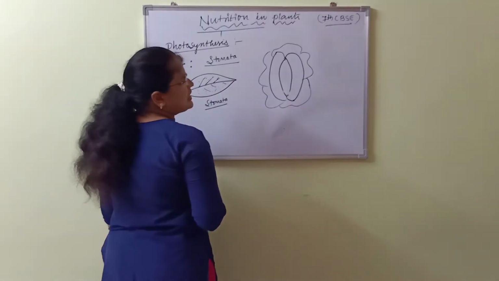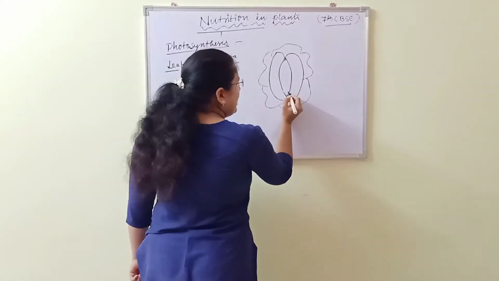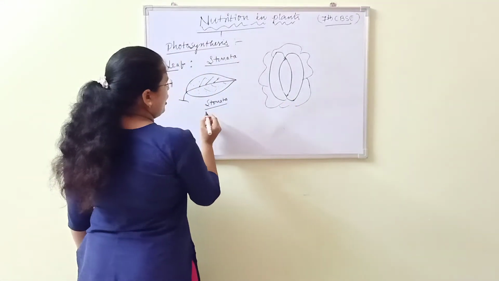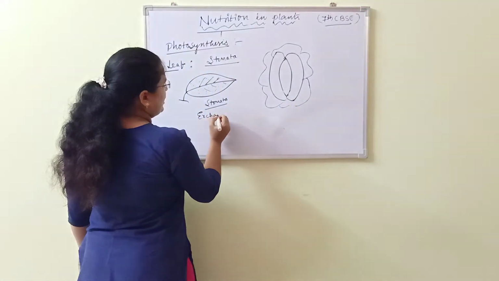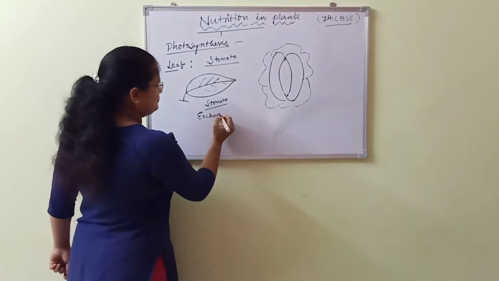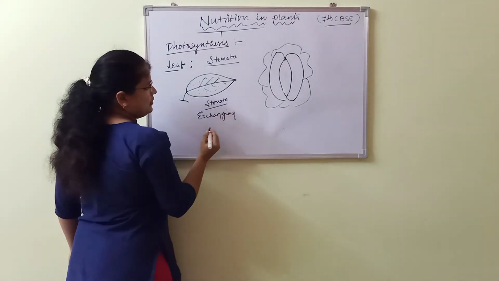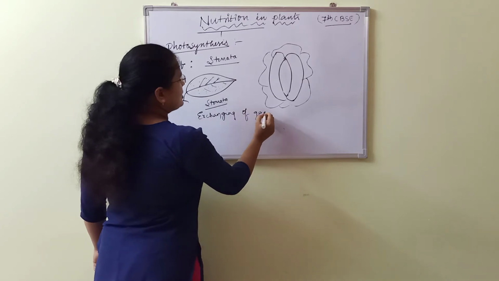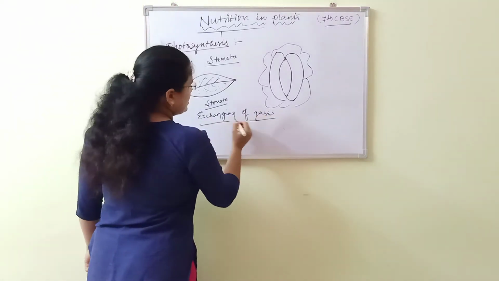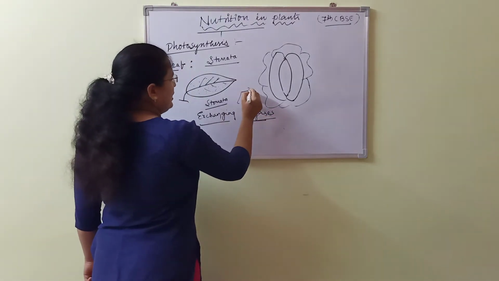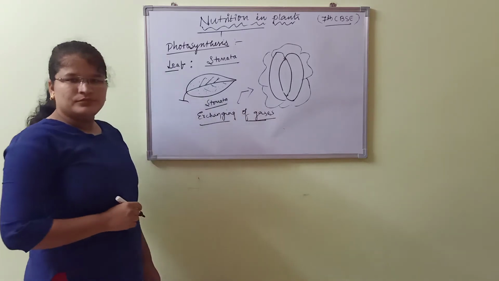Here, the opening and the closing of the stomata is happening. By the opening and the closing of the stomata, there is the possibility of exchanging of the gases. Exchanging of the gases takes place due to the presence of the stomata.